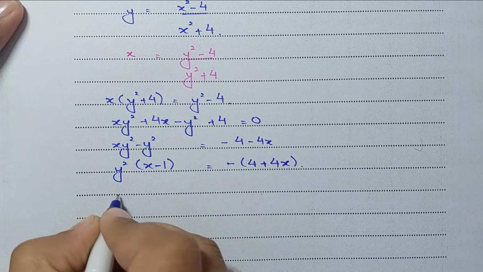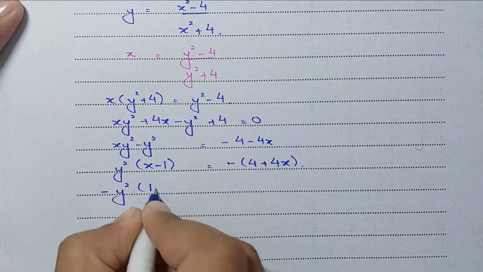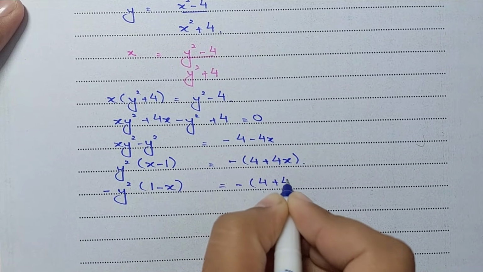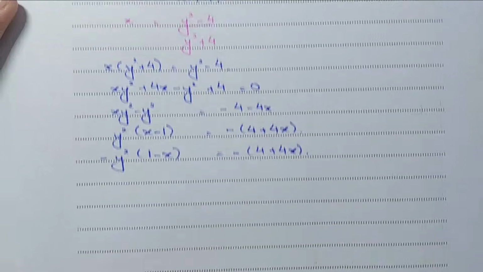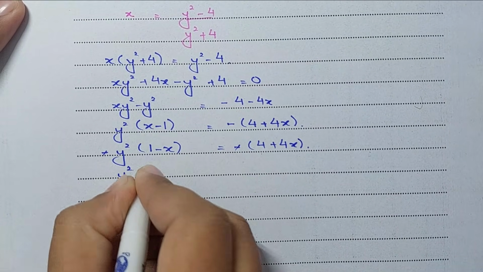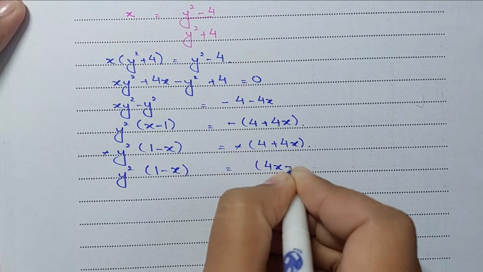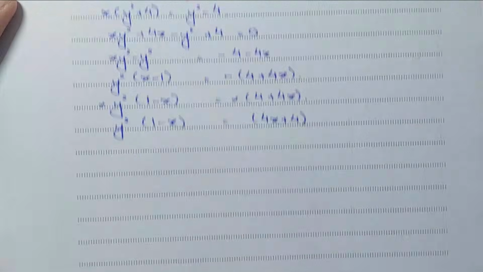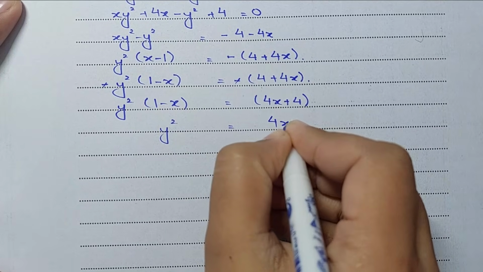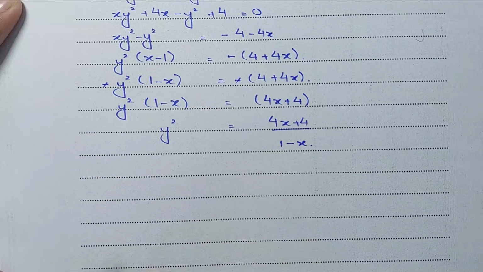Now we have y square, let me take negative common here, 1 minus x, and here negative is common, 4 plus 4x, right? Now this negative sign cancels with the negative sign. Y square becomes 1 minus x equals 4x plus 4, or 4 plus 4x. You can write both. Now y square becomes 4x plus 4 divided by 1 minus x, right?